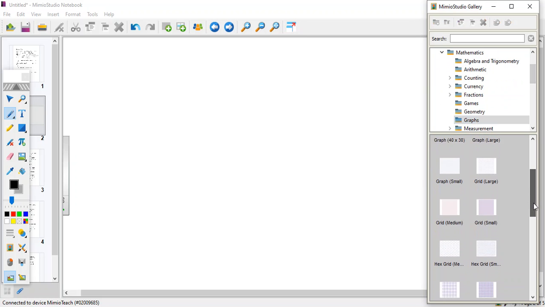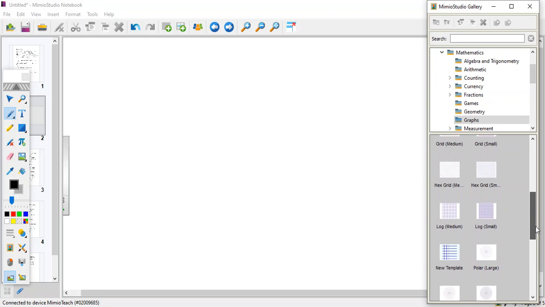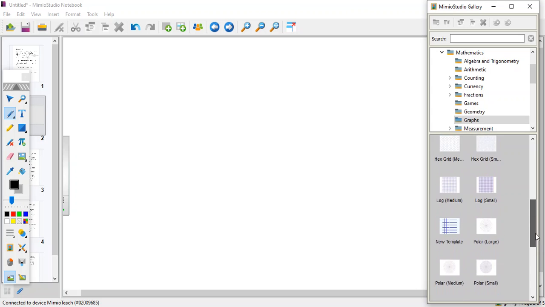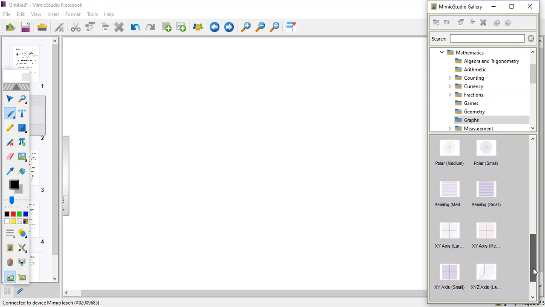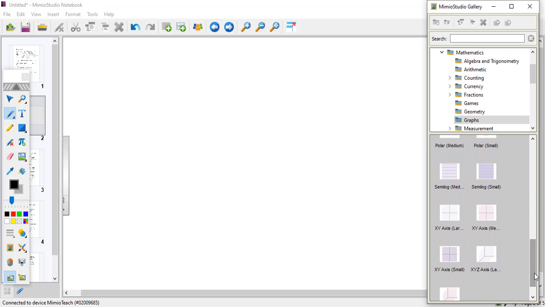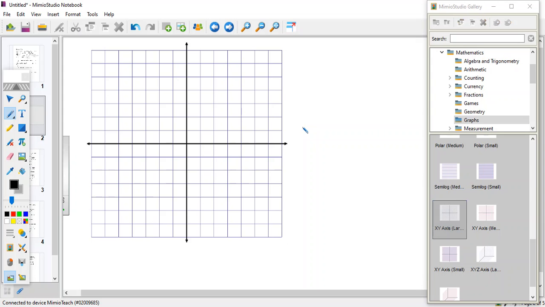Okay, kids, help me out on the points right there. There's what I want. X, Y axis. Let's go large. Okay, what were the points again? What was the first point that we started with for that vector? 6, -3. Okay, so how do I get to 6, -3, kids? 1, 2, 3, 4, 5, 6. And down how much? 1, 2, 3. I'm going to start at 6, -3. And where are we headed to? 2, 0.